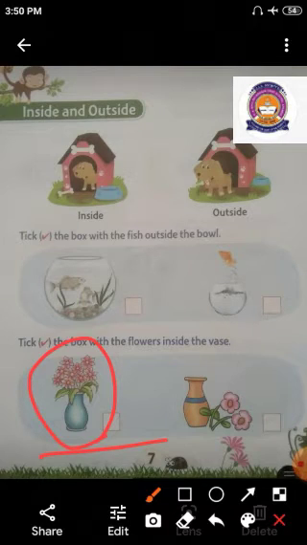Look at the second picture. The flower vase is there, but the flower vase is empty. The flower vase has zero flowers. Zero flowers means empty. Okay.